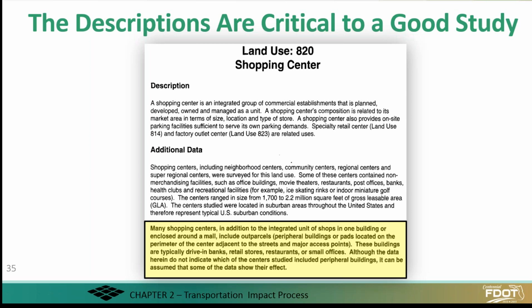So that was one critical issue where we have to do a little more studying to see which of these land uses had out parcels included in the data they collected. Out parcels, as an example, could be a bank or an ice skating rink. It's outside the shopping center, but in the same area.